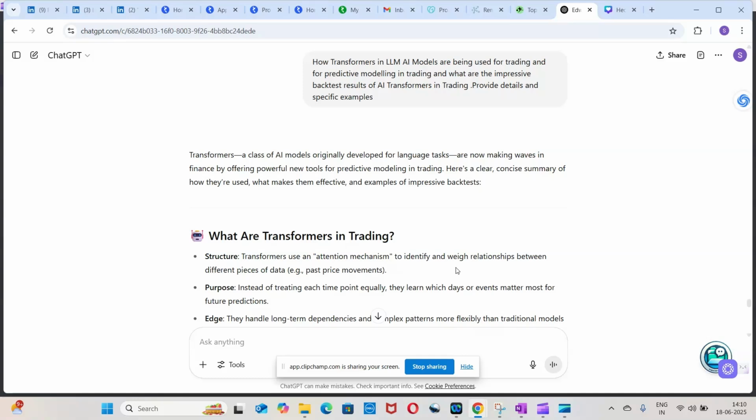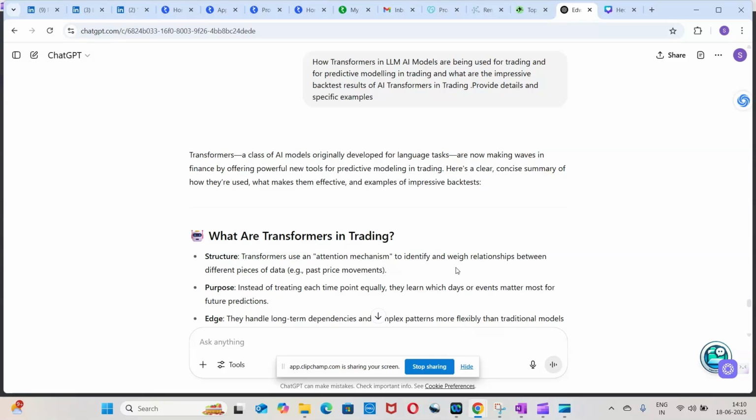These transformers, a class of AI models used in language tasks, are now being used in finance also, and they are making waves in the financial markets for predictive modeling.